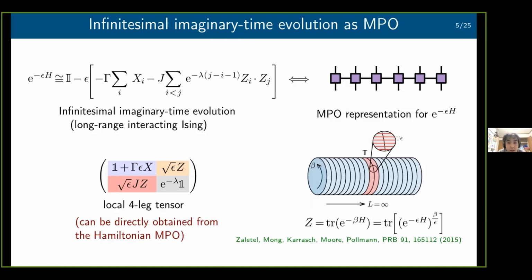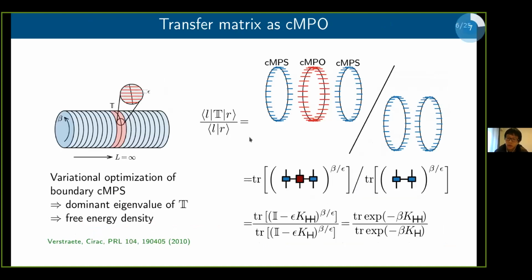But if we keep this epsilon in our calculation and don't take a finite value for that, but at the end of the calculation take the epsilon to zero limit, then you can actually find that this limit can be analytically taken.